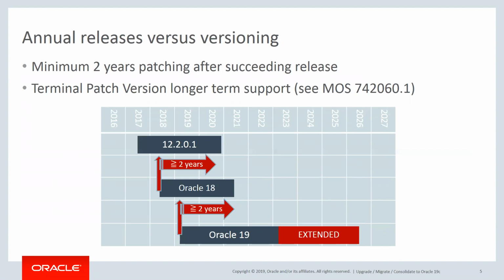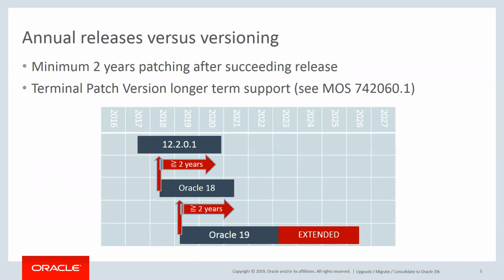Looking at supportability, you see that 12.2.0.1 was the first release of the 12.2 family, somewhere in 2017. It will be supported until 2 years after the next release, which was Oracle 18, released in the first or second quarter of 2018, depending on which platform you are. From the introduction of Oracle 18, we will support the previous version at least for 2 years.